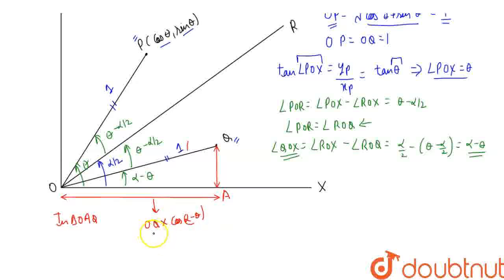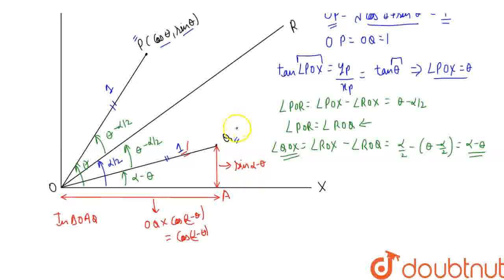So OQ is basically 1. So this length is basically 1 into cos of alpha minus theta, that is cos of alpha minus theta. Similarly, we can compute this length as OQ sine of alpha minus theta, and if OQ is 1, so this length comes out to be sine of alpha minus theta.